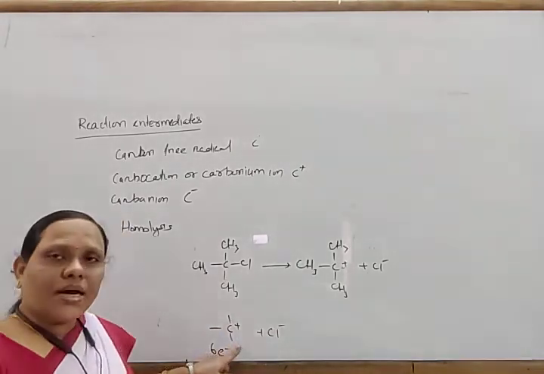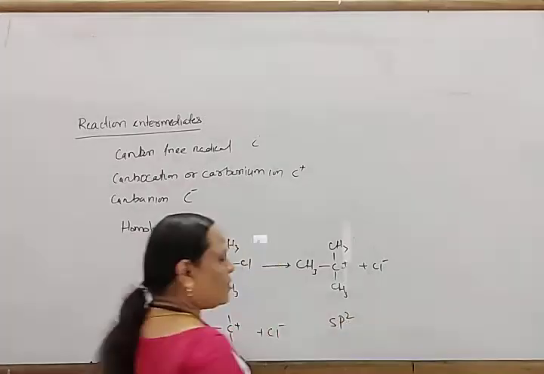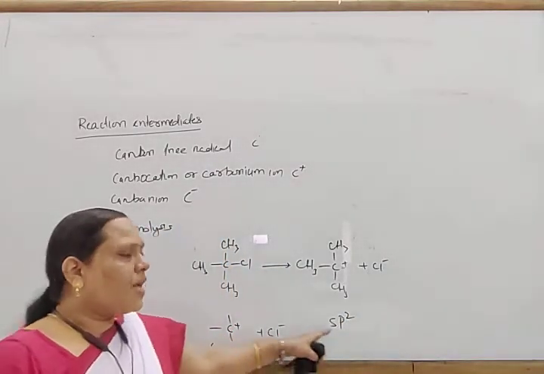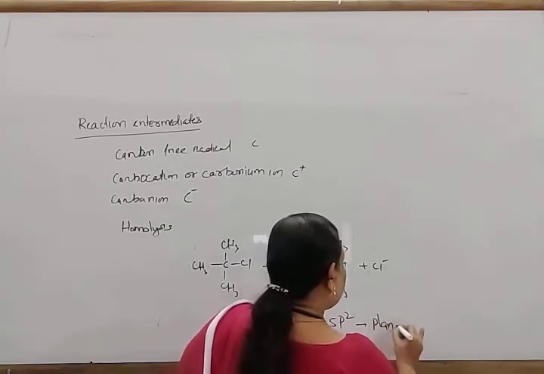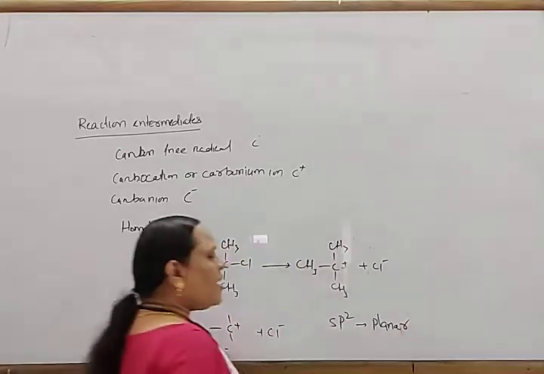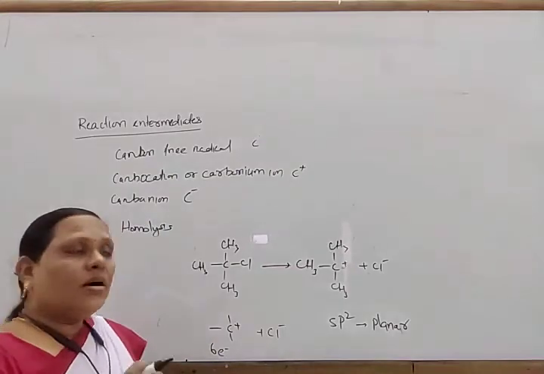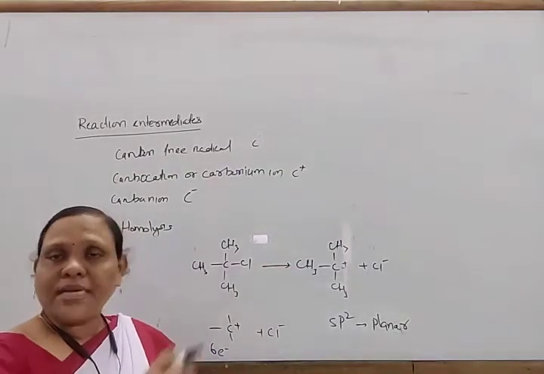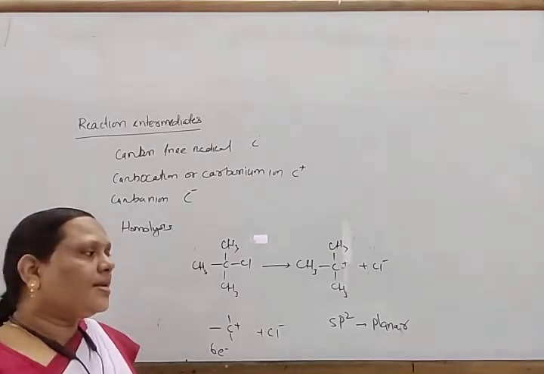Here the carbon atom also undergoes sp2 hybridization. As it undergoes sp2 hybridization, its structure is also planar. Another p orbital is there, the unhybridized p orbital, and it does not contain any electron.